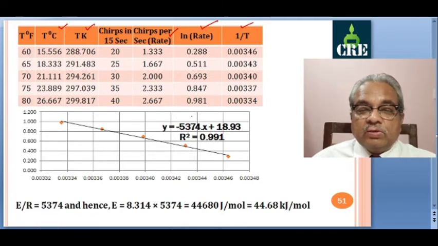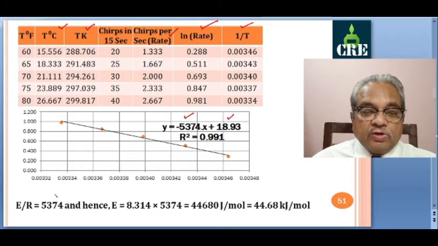The equation representing the best fit line is in y is equal to mx plus c form. So this c gives me ln of K. So K is the exponential value of this c, but it is not asked, so we will not report it. The magnitude of the slope is represented by E by R, and that is equal to 5374.